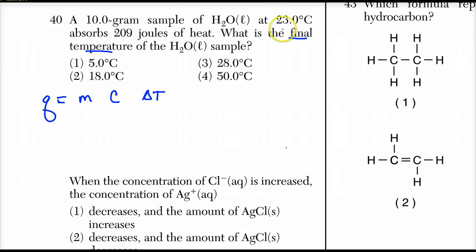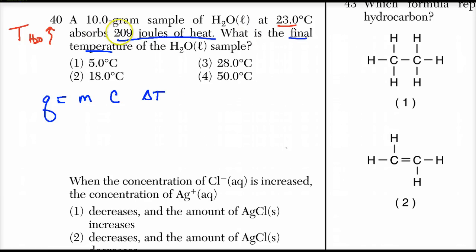If I know the initial temperature is 23, and I know that the sample of water absorbed that much heat, then you guessed it, the temperature of the H2O is going up. Going up from what? It's going up from 23. If I solve for the change in temperature, you probably guessed it, I'm going to add that to 23.